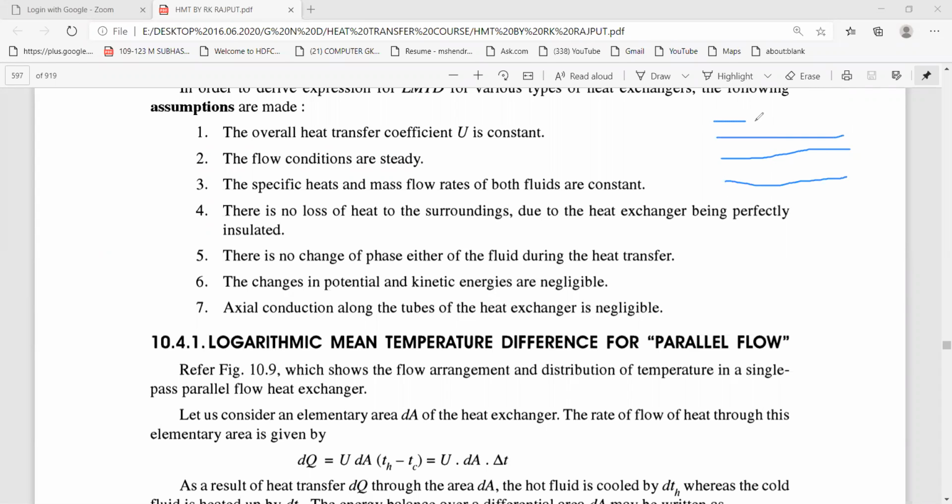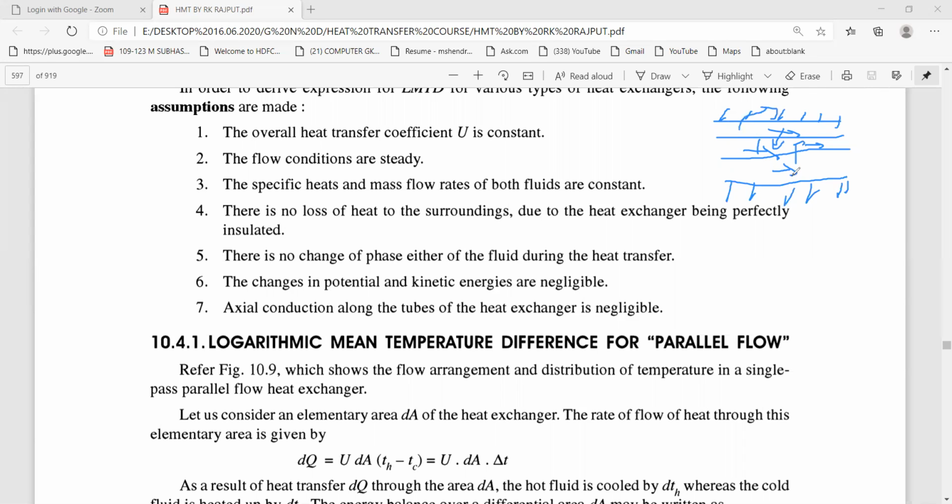This represents the flow of hot fluid and this represents the flow of cold fluid. Now this complete heat exchanger is insulated, perfectly insulated, so that whatever heat exchange or heat transfer occurs is strictly between the hot fluid and cold fluid. There is no loss of heat to the surroundings.